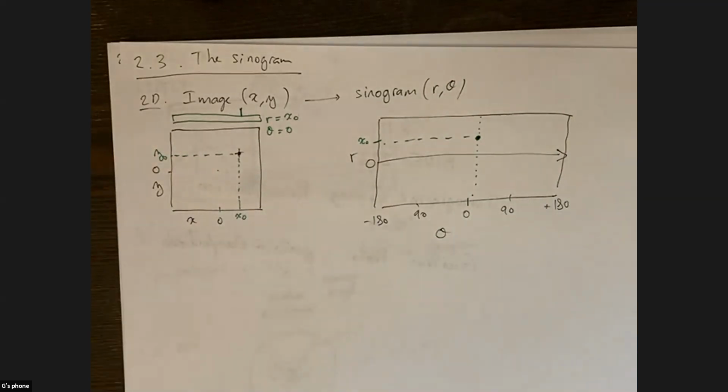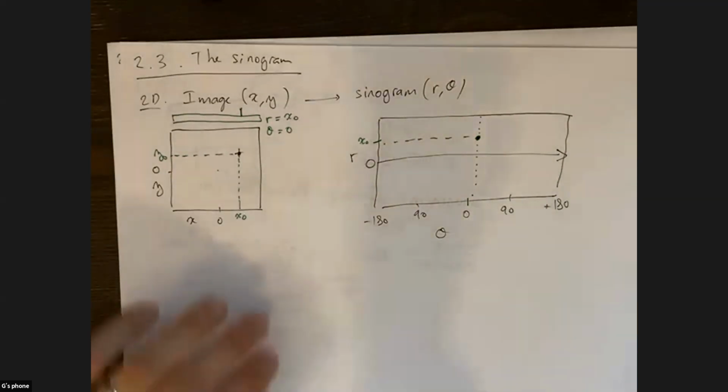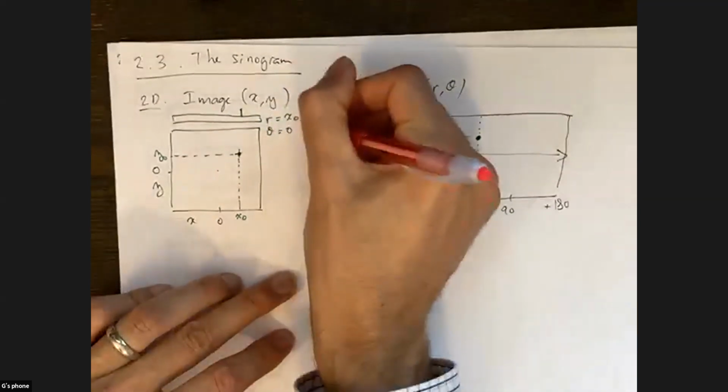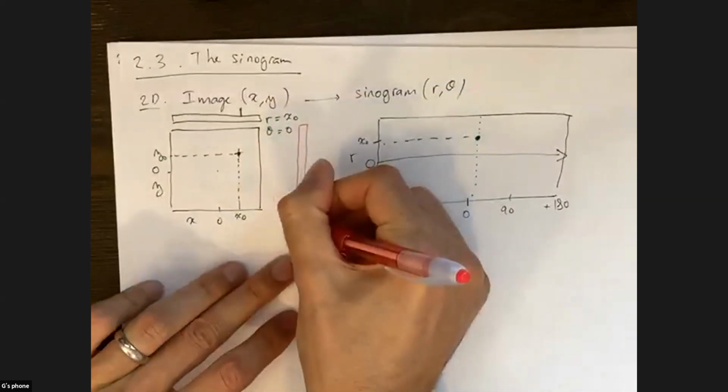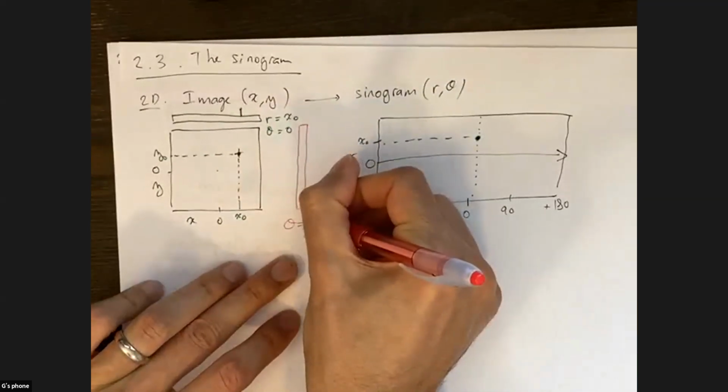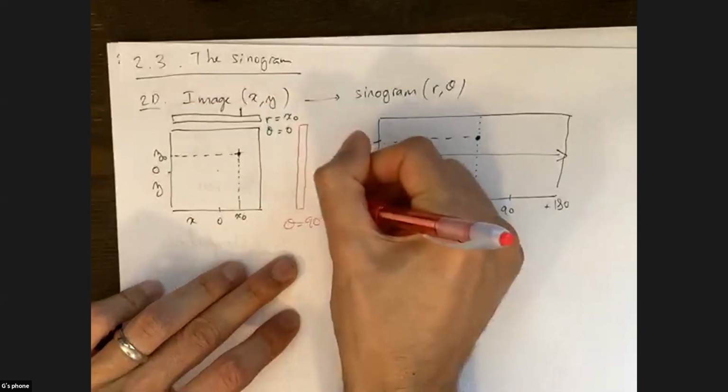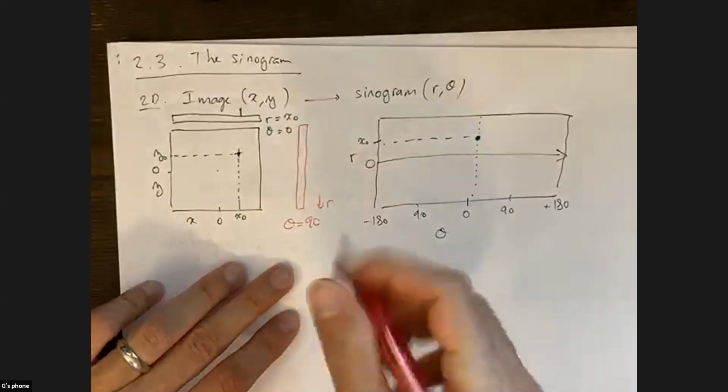So now using a different color, I'm gonna look at placing a gamma camera for theta equal 90 degree. So for theta equal 90 degree, we have R's like this.